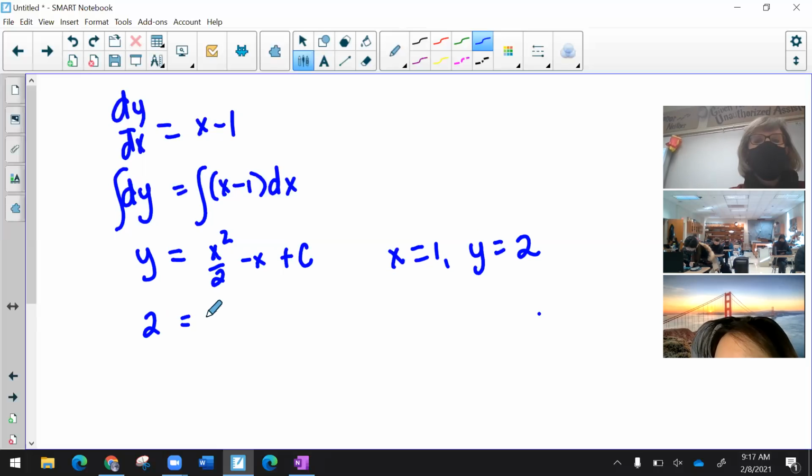So that gives me 2 is equal to a half minus 1 plus c. So c is 5 halves.